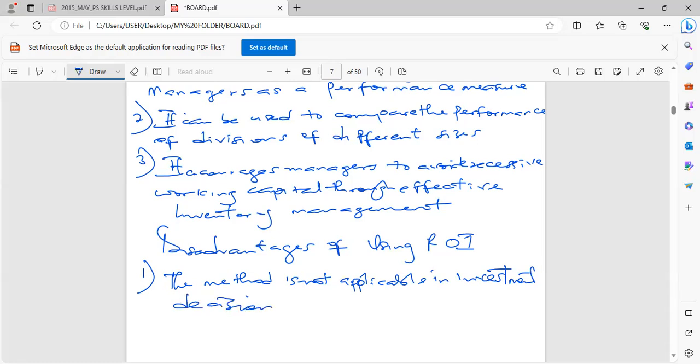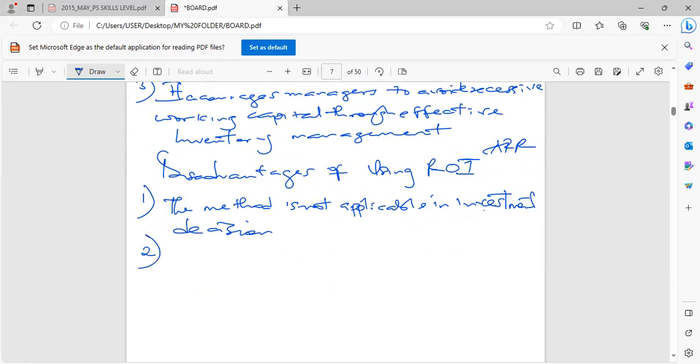When you want to make an investment decision, what do you use? You use ARR. So it has similarity with ROI, but ROI is for appraisal of a business, while ARR is for an investment decision.